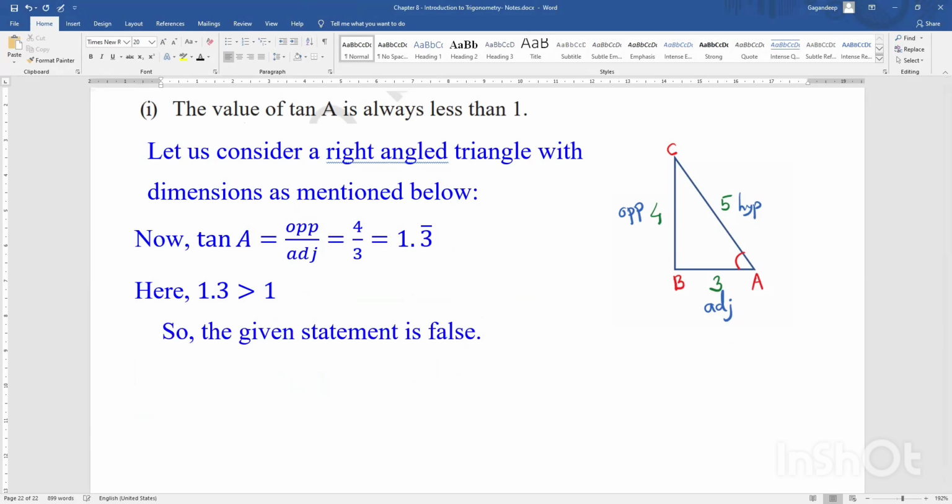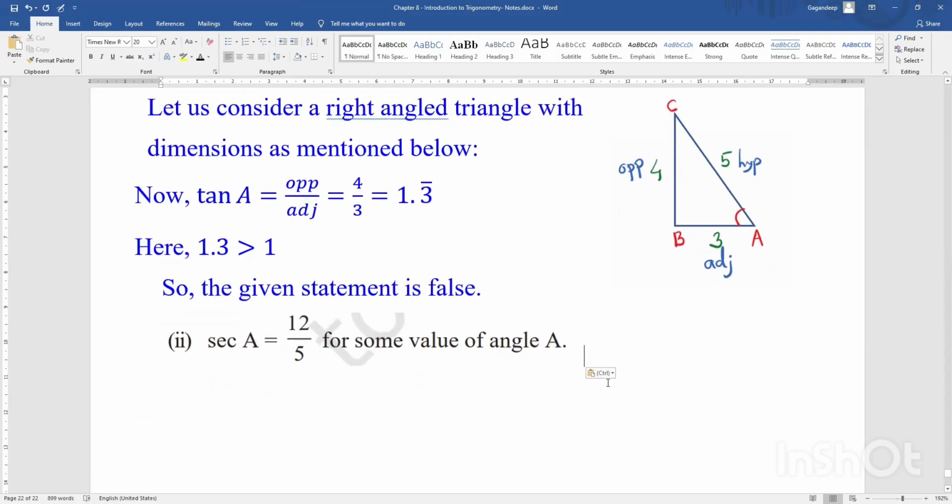Okay. The next question I have is: secant A equals 12 by 5 for some value of angle A. Here, let me write it. Given secant A is 12 by 5. By definition, it is hypotenuse by adjacent.